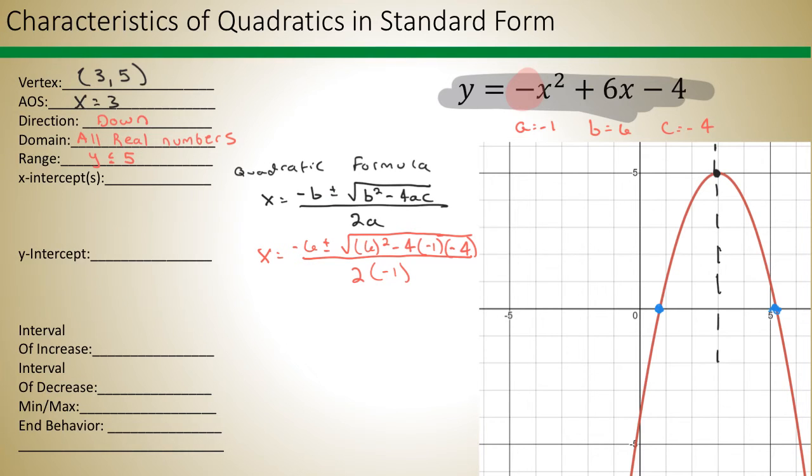Okay, and then we're going to simplify. Remember, when we did the quadratic formula, we broke this into 3 parts. So this -6, we're just going to leave that alone. So x is equal to -6 plus or minus. This next part is 6 squared minus 4 times -1 times -4, and that is going to be the square root of 20.